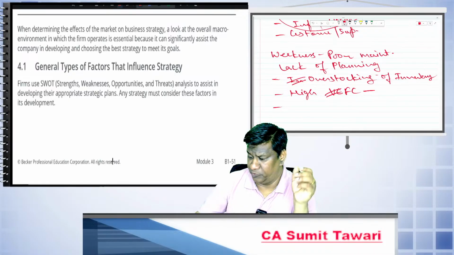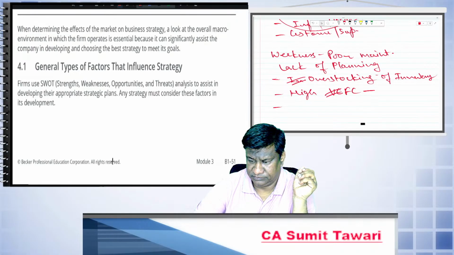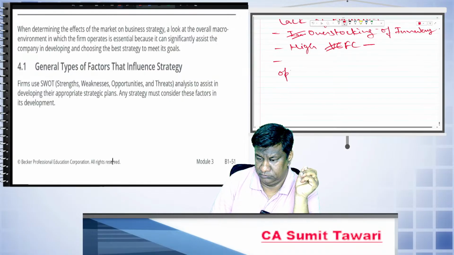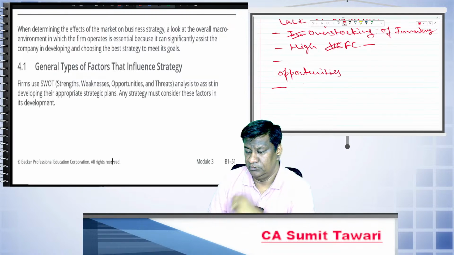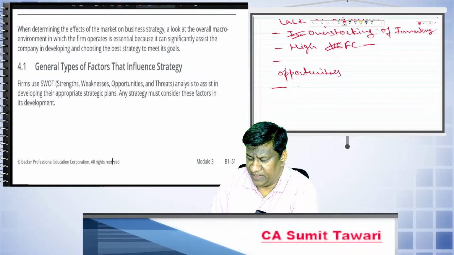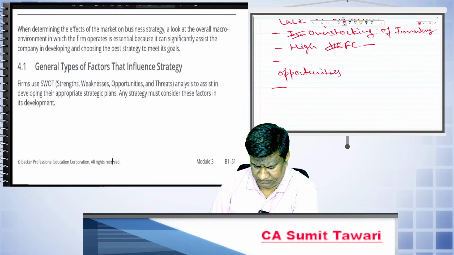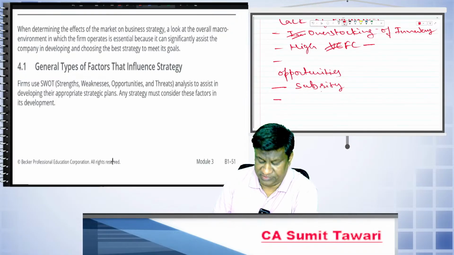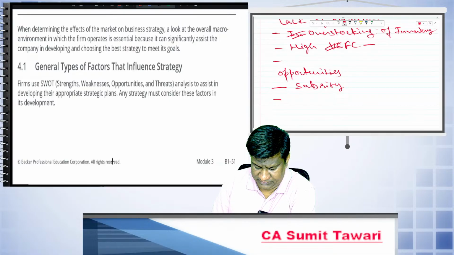Now, opportunities. Using subsidies given by the government. Yes, correct. Which cannot be controlled by us, but this may positively affect our business. Any other? Adopting new technologies.